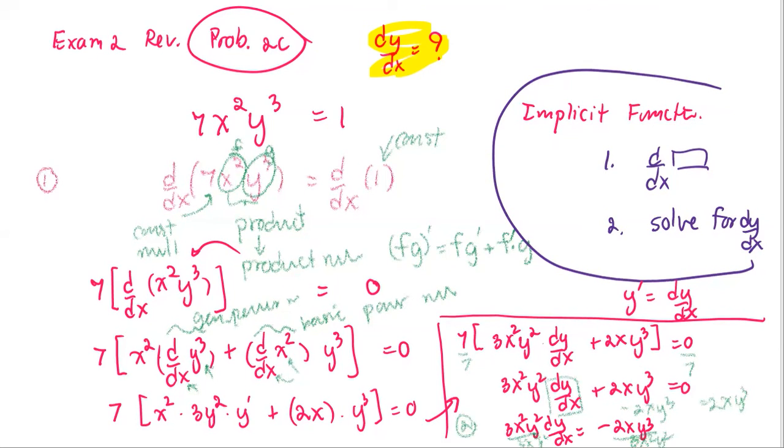So we get the solution, dy by dx, as negative 2 over 3. x and x squared reduce to just one power of x, and y to the third and y squared reduce to just y. So the answer is negative 2 over 3 times y over x.